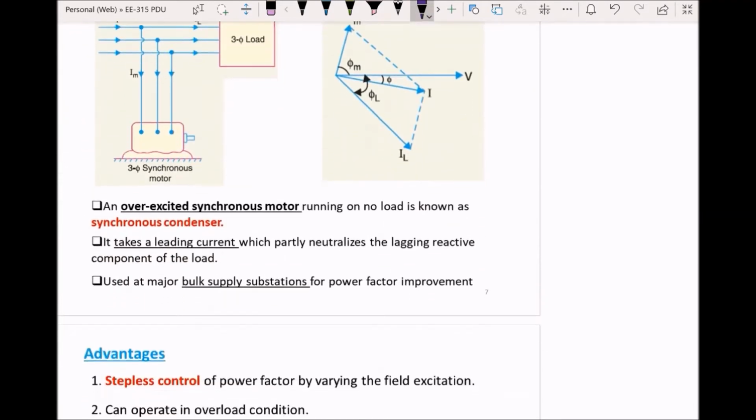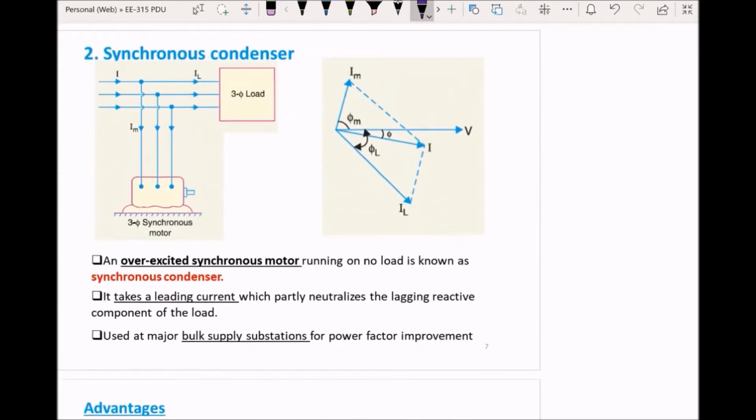Now, the second equipment that is generally used in industry is a synchronous condenser, which is actually a synchronous motor, and by varying the field current, it can be operated as a leading or a lagging load.